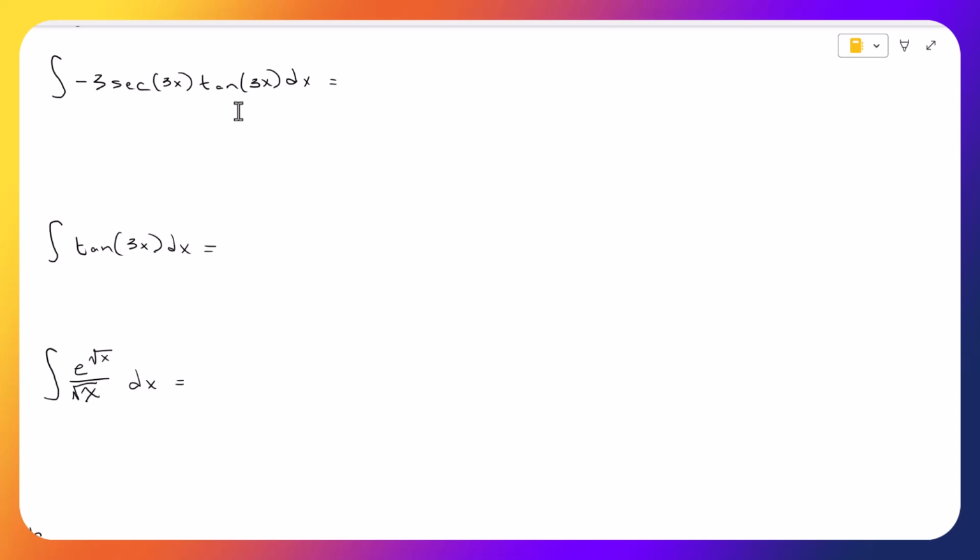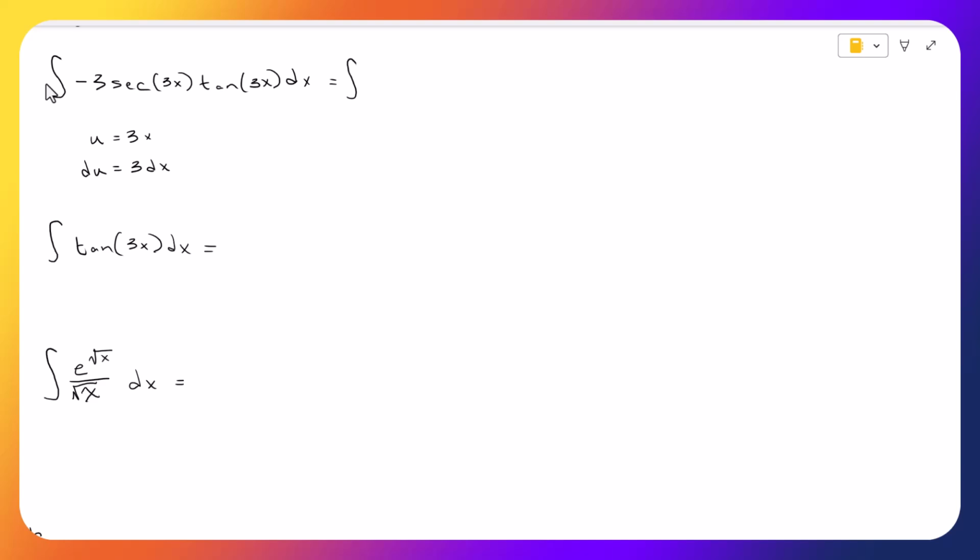Well, here again we can see the derivative of 3x would be 3. So let's try doing that. U equals 3x. Then du equals 3 dx. And I'll rewrite my integral to make it look a little prettier. And I'm actually going to use one of my derivative rules. I'm going to take this negative and pull it out and put it at the front. So we have negative, and I'll go ahead and put in the u's.